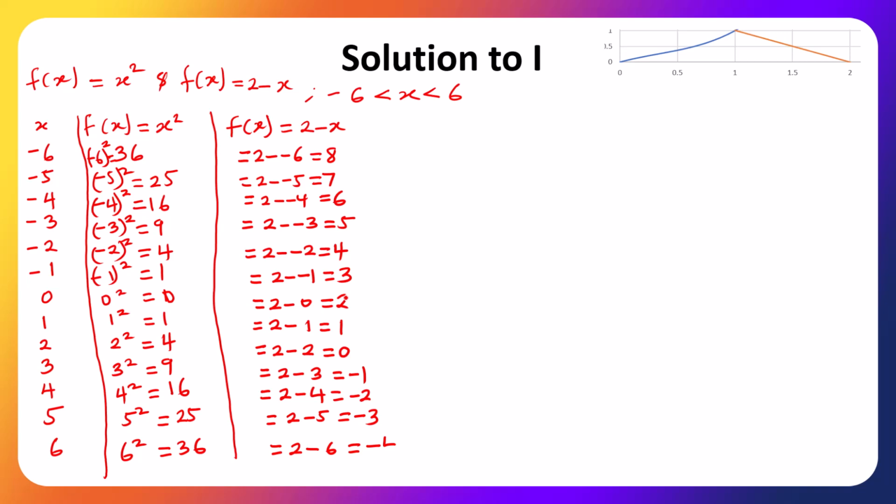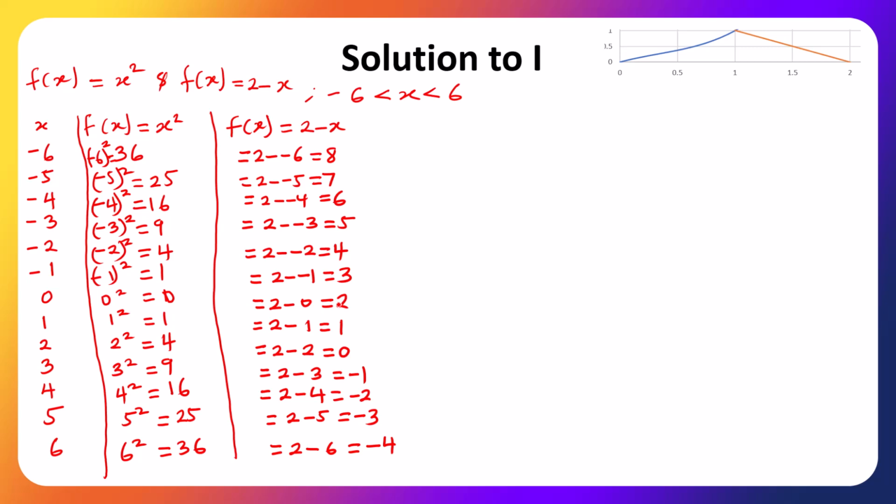Now, we have all the values for f of x equals x squared and f of x equals 2 minus x in the interval minus 6 less than x less than 6.